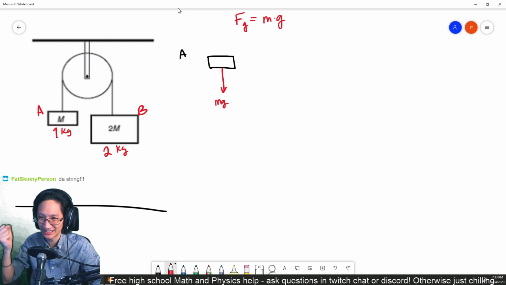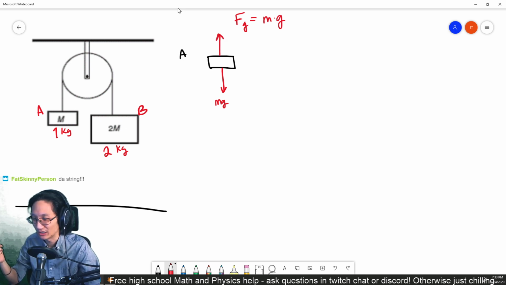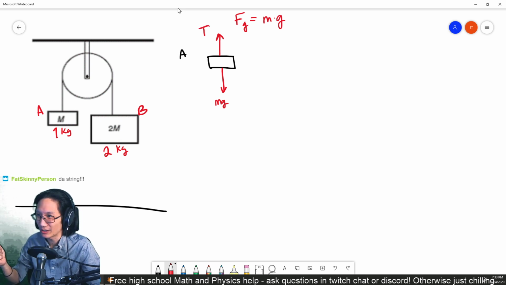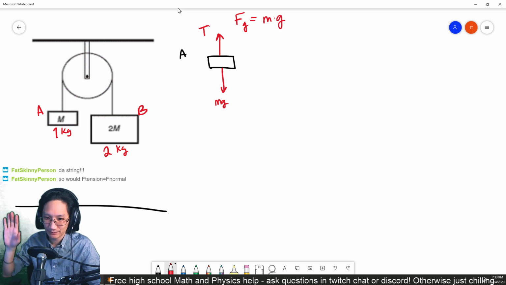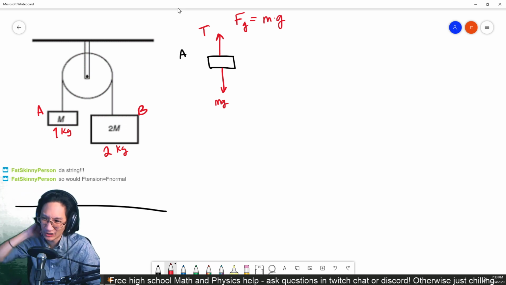So the string is pulling on the block in the upwards direction. The force of a string is generally called a tension, right? So I'll label this T. So for block A, there is no normal force here. But there's tension and gravity, right? There's tension up and gravity down.